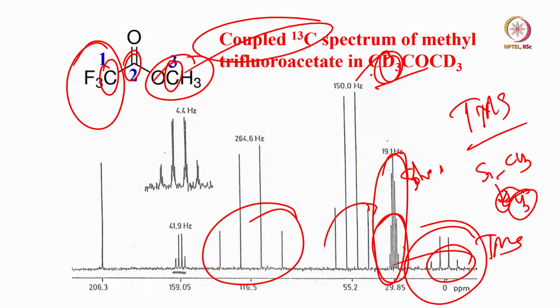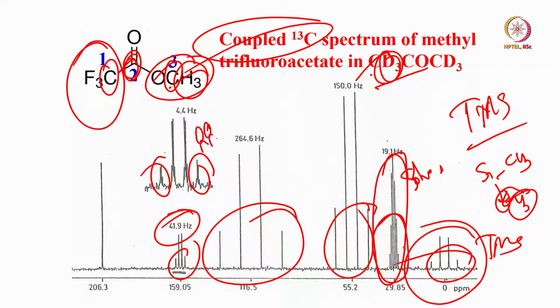Then this carbon, directly attached to proton, is also a quartet, fine, that is also understandable. What about this carbon? This carbon is coupled to the fluorines, a 2-bond coupling of 40 Hertz, we saw in the previous example. So, this is a quartet. But remember, if I expand this, each line of the quartet is a further quartet. It is a quartet of quartets.